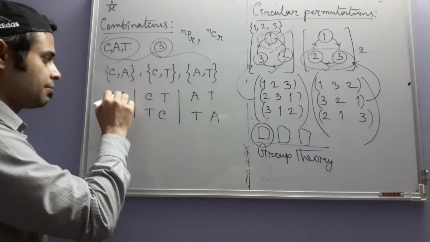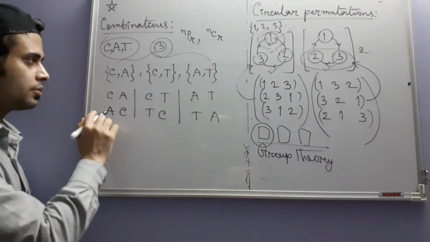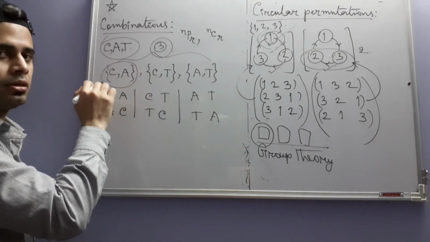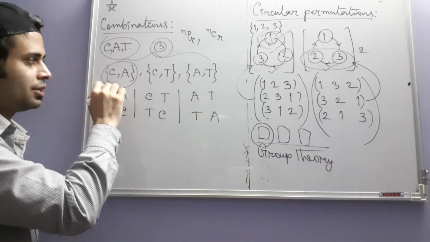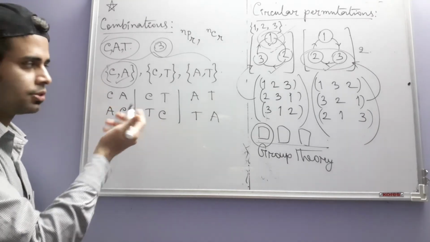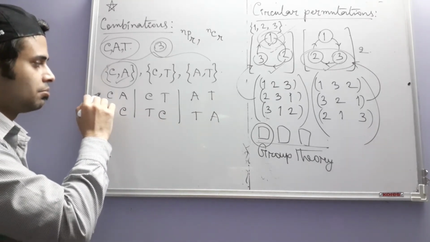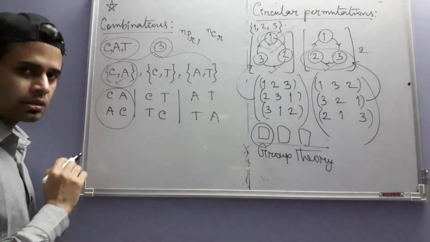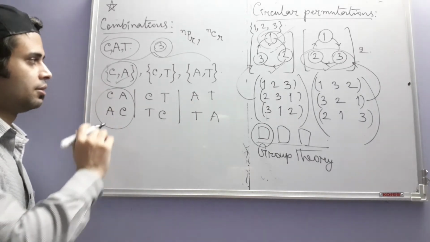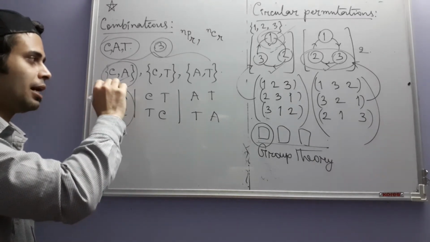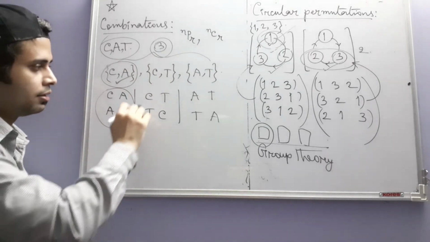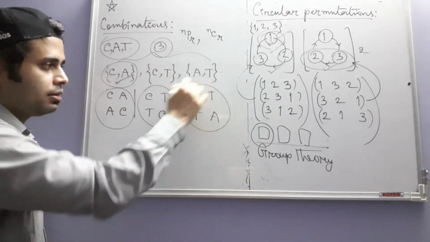Now what is happening actually? When we form a group, we are not concerned about the order of the objects. That's why we have written a set of those objects, because in a set we are not concerned about order. But in permutation, we are of course concerned about order. CA and AC are different permutations, but they give me only one combination, which consists of these objects C and A. Similarly, CT and AT.